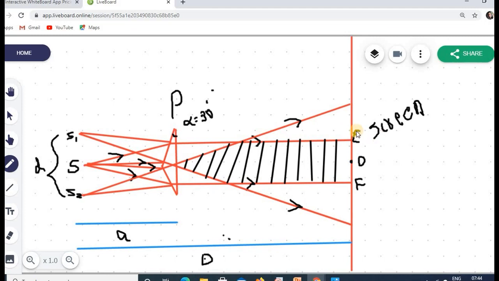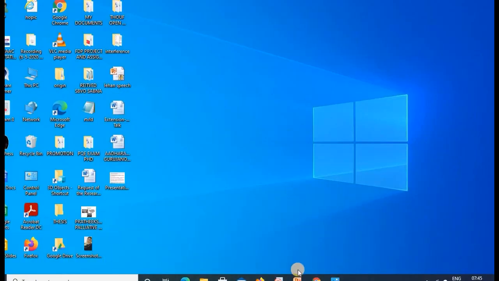Normally, in the actual experiment, the fringes are observed through the eyepiece. Okay. So hope it is clear for you. This is the biprism arrangement to obtain the interference pattern on the screen. Hope this is clear for you.